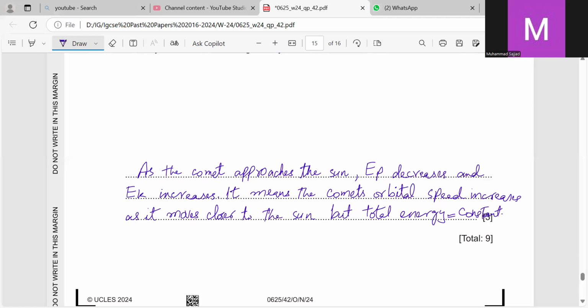Constant. We have to say this point also, for the conservation of energy is there. So if we just think opposite to it, as the comet moves away from the sun, potential energy increases and kinetic energy decreases. So the comet slows down as it moves away from the sun, but the total energy will stay constant throughout the orbit.